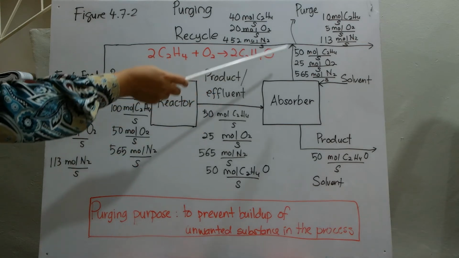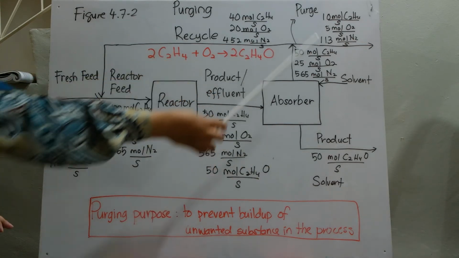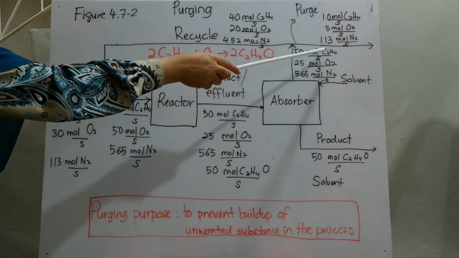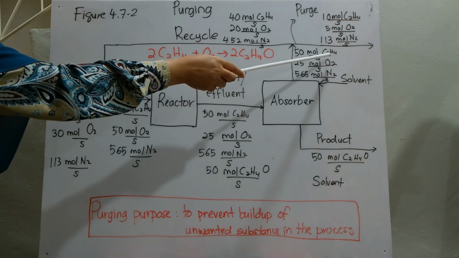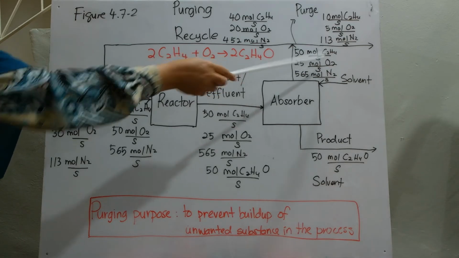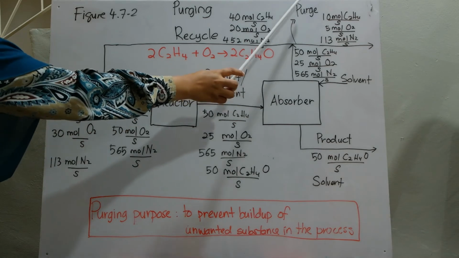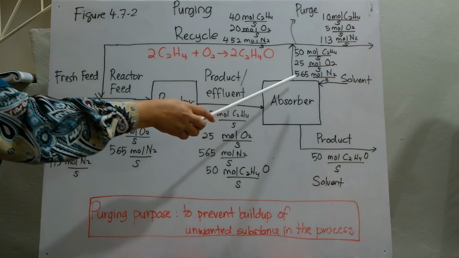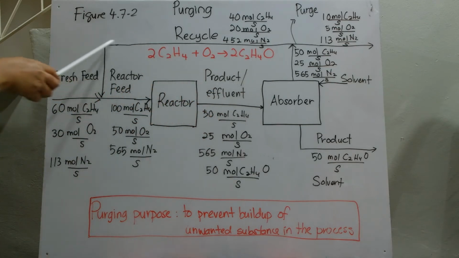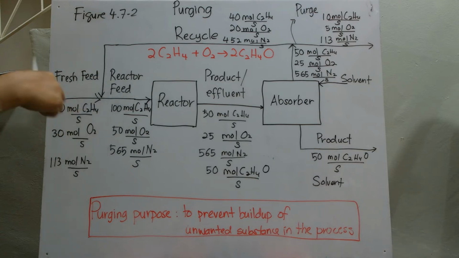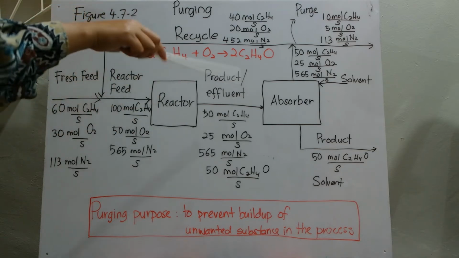In a regular process without purging, we would like to recycle back our ethylene and also oxygen, because these are the two reactants that we need for ethylene oxide. So now imagine we do not have purging yet. We recycle this back to the beginning of the process. This recycle mixes with fresh feed and becomes reactor feed. So the process goes again and again like that.